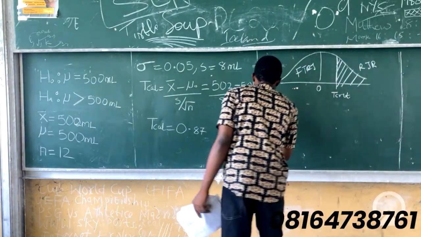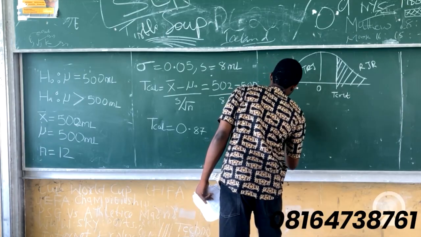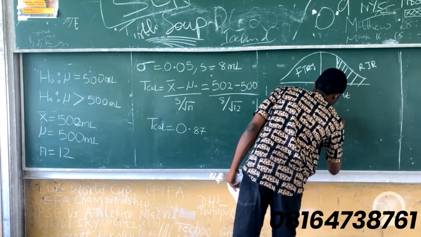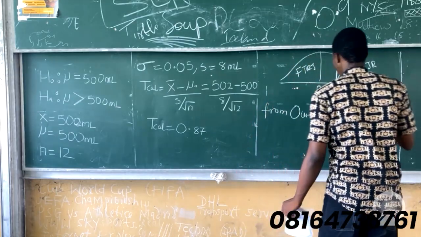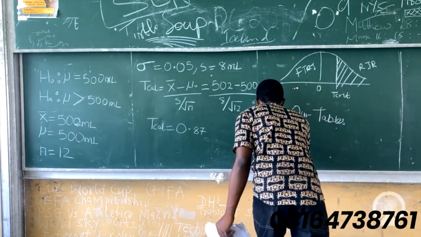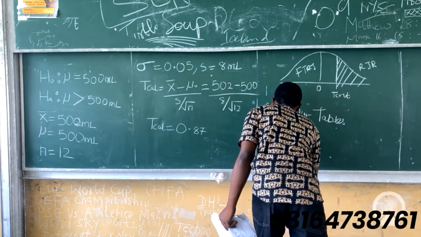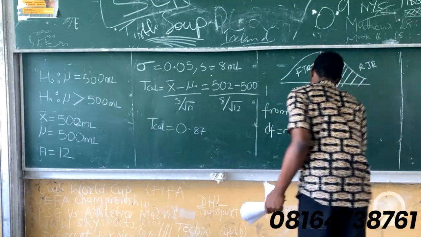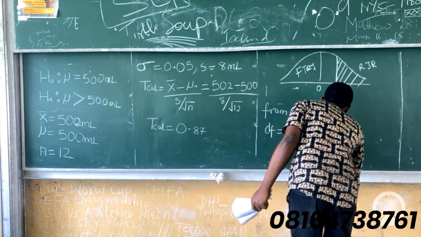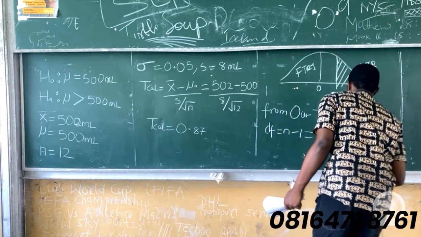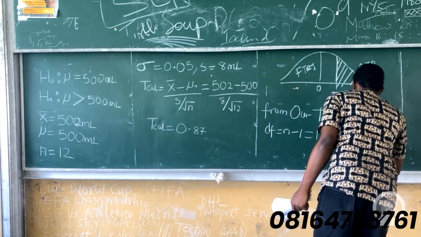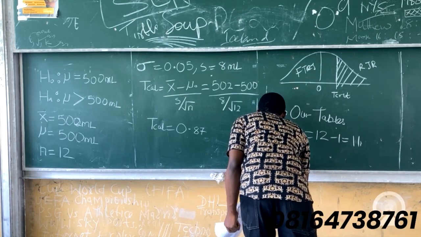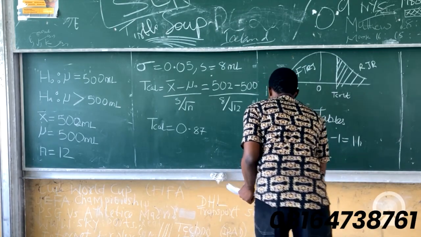So now from our tables, these are the values that we are going to use to compare. The degrees of freedom is equal to n minus 1. From our parameters, n is 12, minus 1, which is 11. Then the level of significance is 0.05.